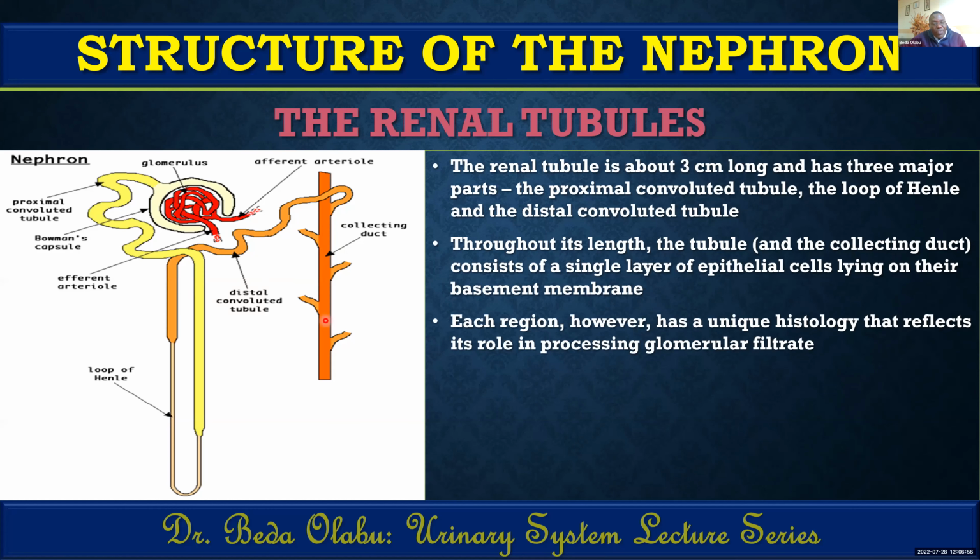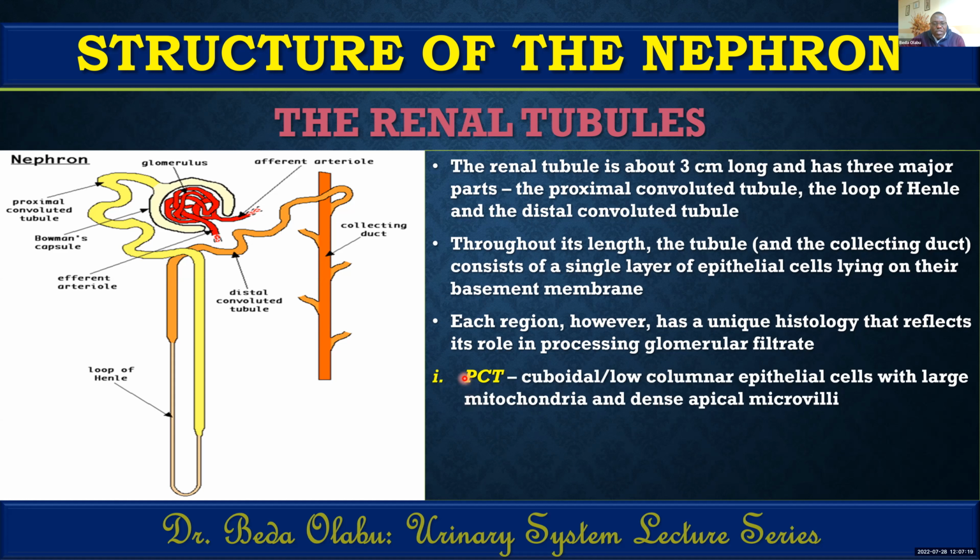Each region, however, has some unique histological characteristics that will reflect the role of that particular region in terms of how that region processes the glomerular filtrate. And so for that reason, I want us to narrow down to each of the regions of the renal tubule and see what's unique about them.